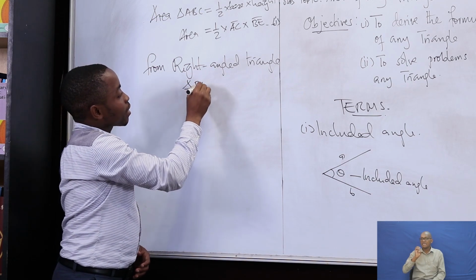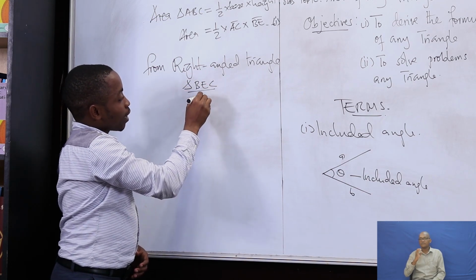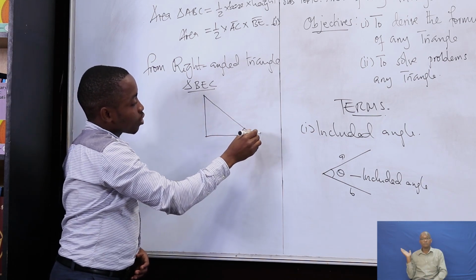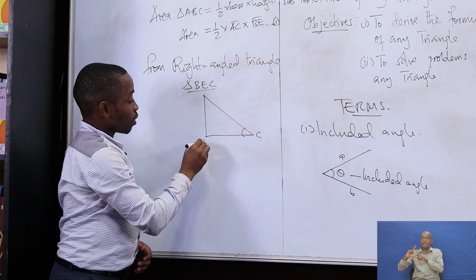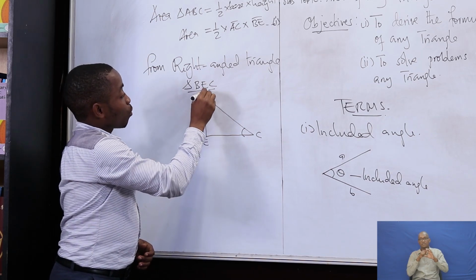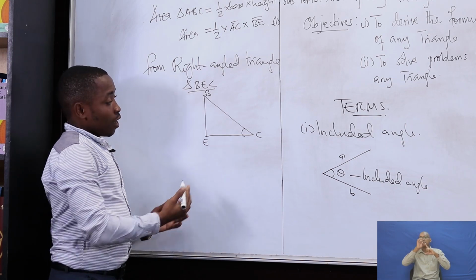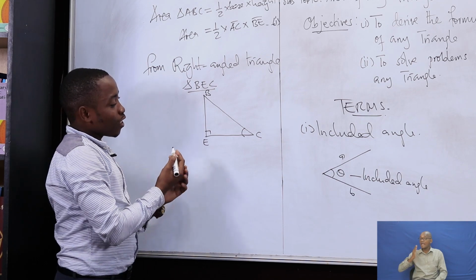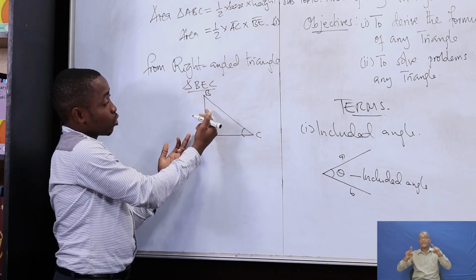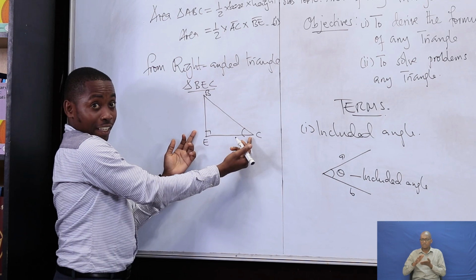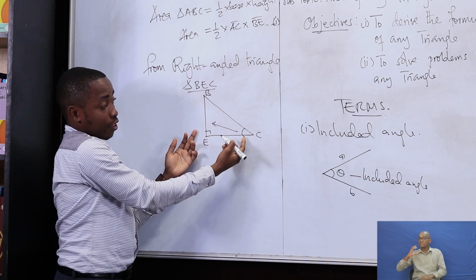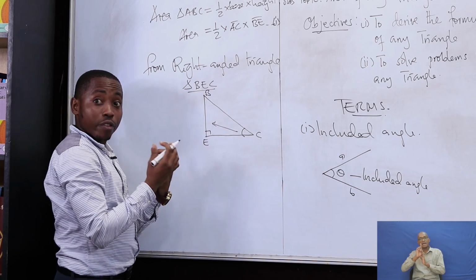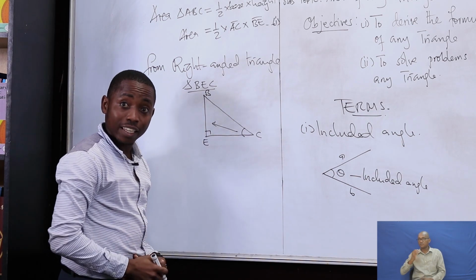Here you have your angle, which is angle C. This one is E, and the top here is B. For this right-angled triangle, whereby here we have 90, in order to find the relationship between angle C, the opposite side faced by this angle, and our hypotenuse BC, we are going to use the trigonometric ratio known as sine.